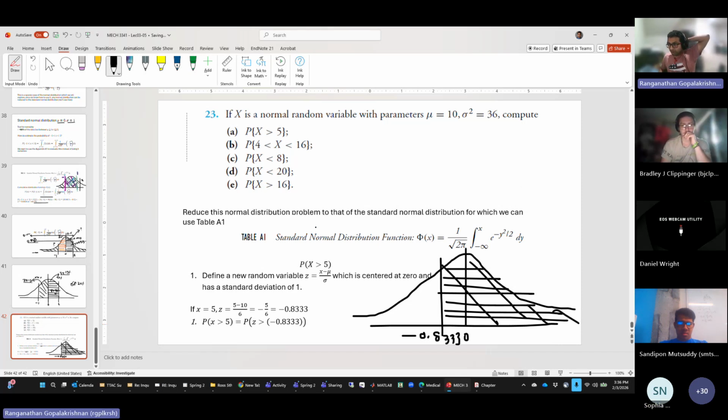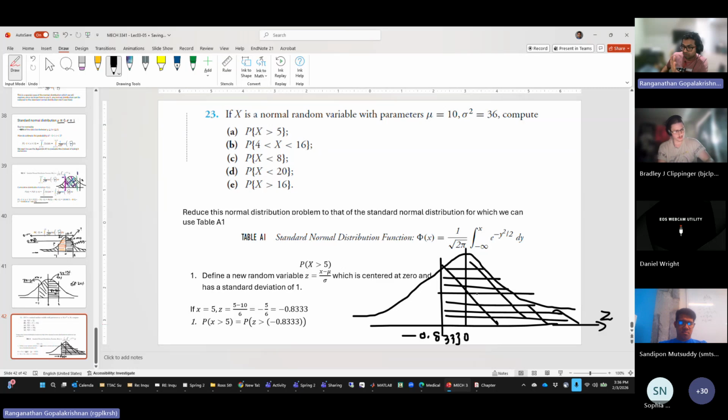Because we transformed the variable from X, which has a mean of 10 and standard deviation 6. We defined Z as X minus mu divided by sigma. So by definition, it is centered at X equals mu, or Z equals 0. This is Z, not X. Okay, I see. So we are interested in this area to the right of minus 0.833.